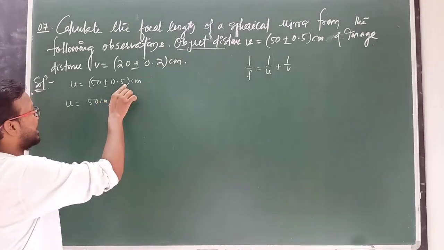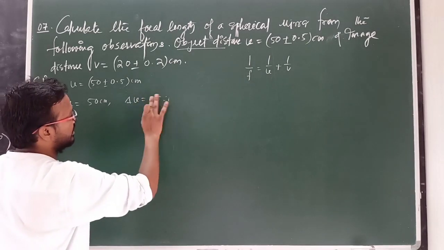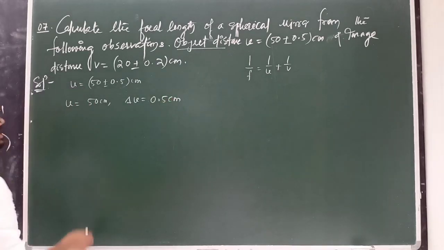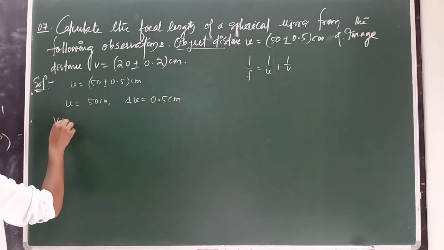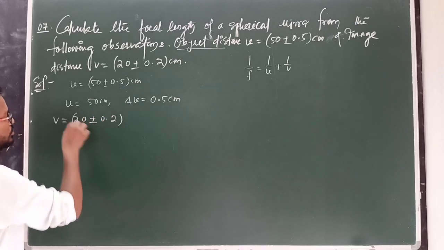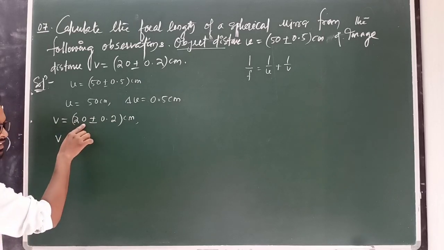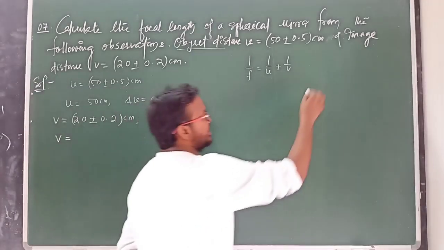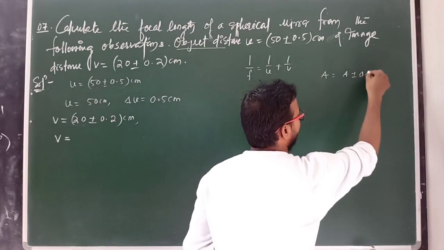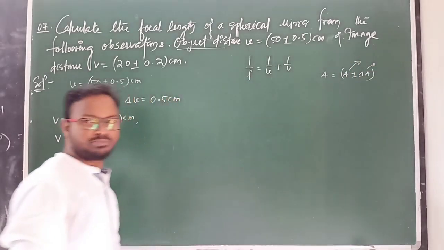This is the error limit, so you can write delta u equal to 0.5 centimeter. Similarly v is given as 20 plus minus 0.2 centimeter, where 20 is the true value, because we already know the relation a equal to a plus minus delta a, where a is the true value and delta a is the maximum possible error in a.